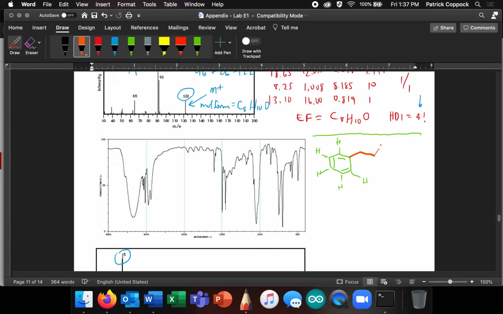So it could be here, or it could be here, or it could be there, right? So what I'm going to look for now is, do I have a hydroxyl? I do have a hydroxyl, and so it's not an ether, right? It must be one of these two.